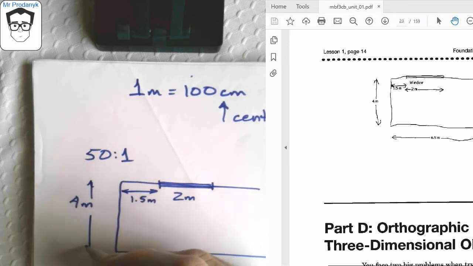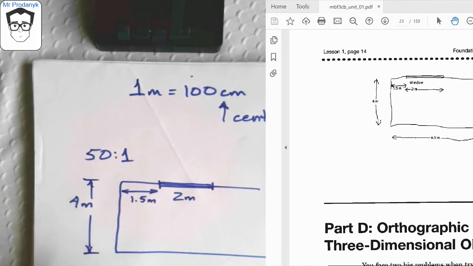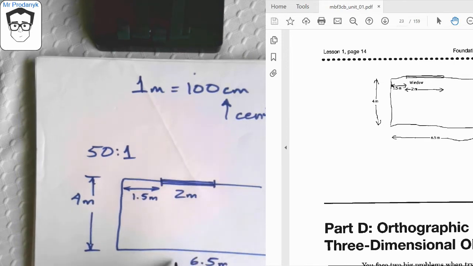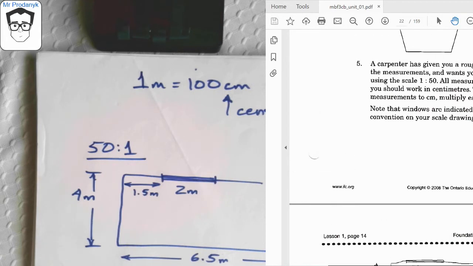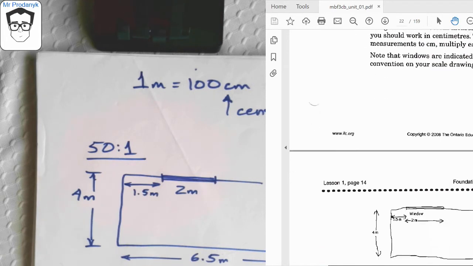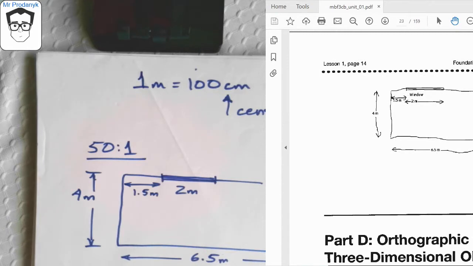This is 4 meters, the length of that wall, and the length of this wall is 6.5 meters over. And we need to make a 50 to 1 ratio, I believe. Let me go back here. Yeah, so convert everything to centimeters and use a scale of 50 to 1.